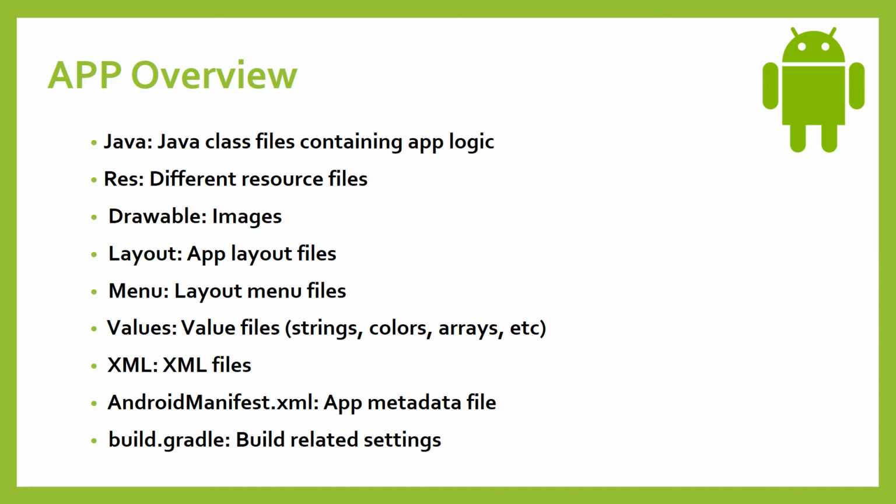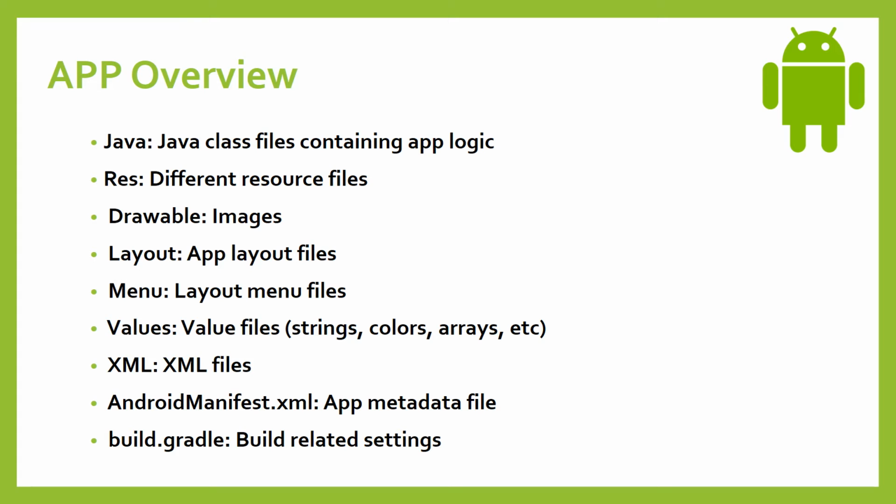A quick overview of what are the important components of an app. When we say or use the word app, it refers to an application. So in Android Studio, inside an app, we will have these important components like our Java, which consists of all the Java classes that we'll be using inside the app.